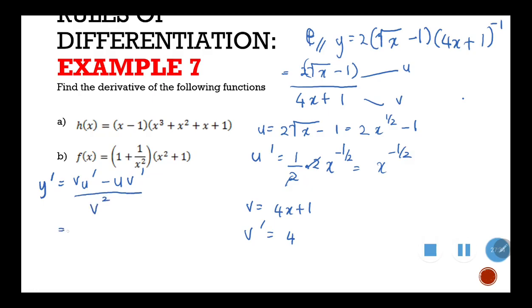So v u prime is 4x plus 1 times x, minus u v prime, times 4, over v square. V square is this.